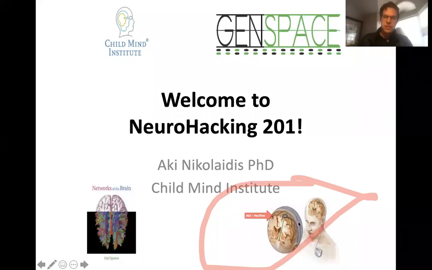Deep brain stimulation is often used to put electrodes into deeper parts of the brain, such as the thalamus, which is a part of the brain that I study, and can be used to stimulate those deeper brain regions to correct for chemical imbalances that may happen, for example, in the case of Parkinson's disease.